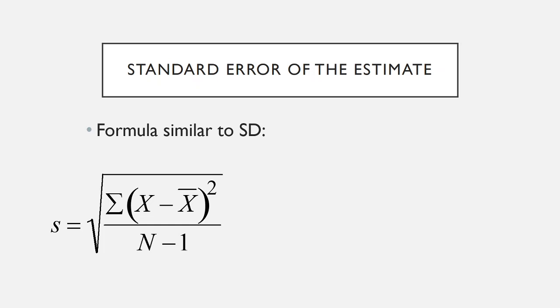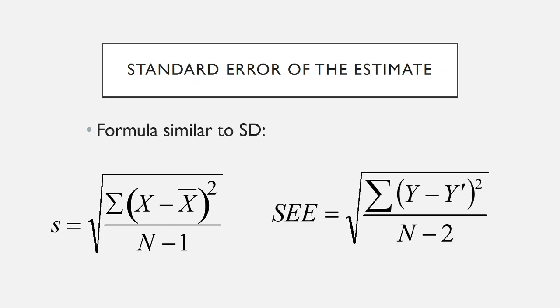We square all the deviations, then sum, then divide by the degrees of freedom, then square root. This is your formula for standard error of the estimate. So see that the structure of the equation is quite similar. It's just that the deviation score is not x minus x bar, it's y minus y predicted. Okay? From there, the structure is quite similar.